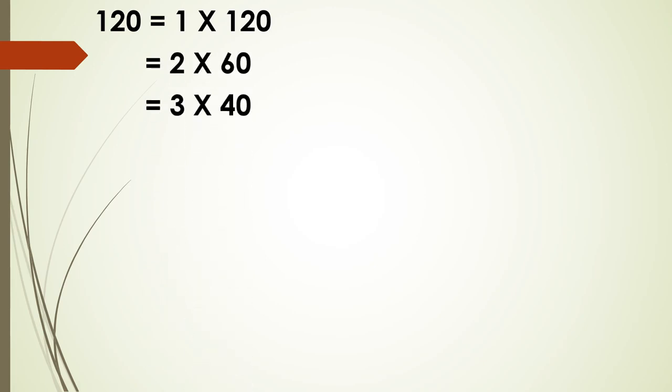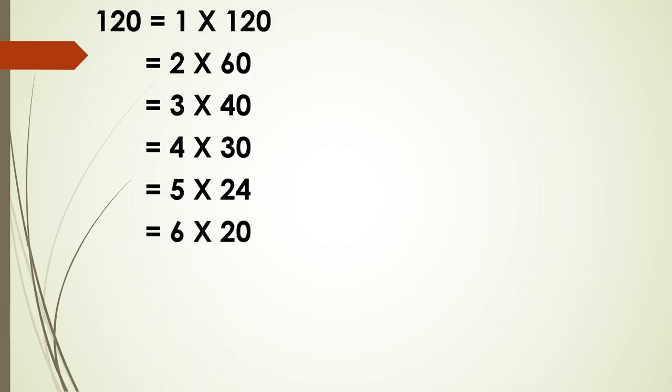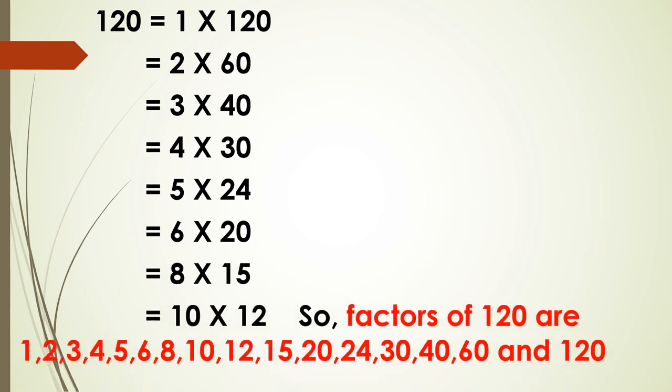Now we will find the factors of 120. They are many in number. 1 multiplied by 120, 2 multiplied by 60, 3 multiplied by 40, 4 multiplied by 30, 5 multiplied by 24, 6 multiplied by 20, 8 multiplied by 15 and 10 multiplied by 12.